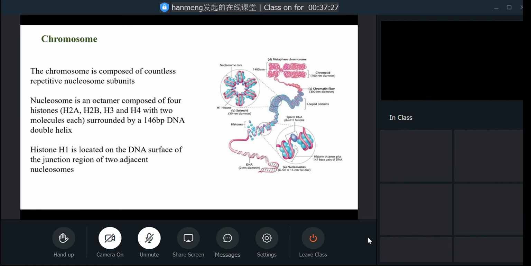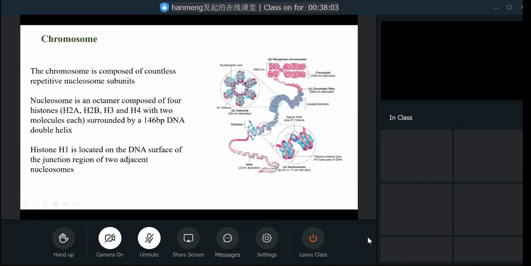The histone octamer is H2A, H2B, H3, and H4 with 2 molecules each. Then the histone H1 is located on the DNA surface at the junction region of 2 adjacent nucleosomes. Here, the picture shows the H1 histone. So the nucleosome is the smallest unit of the chromosome.